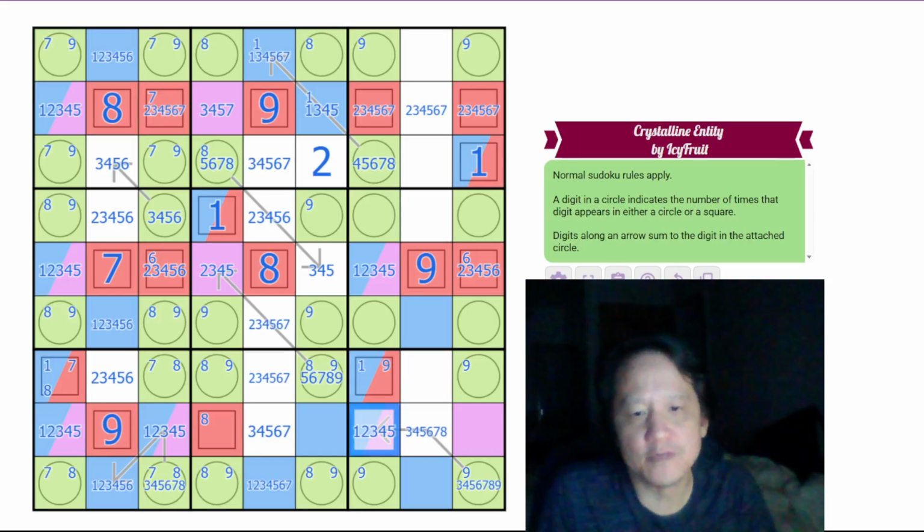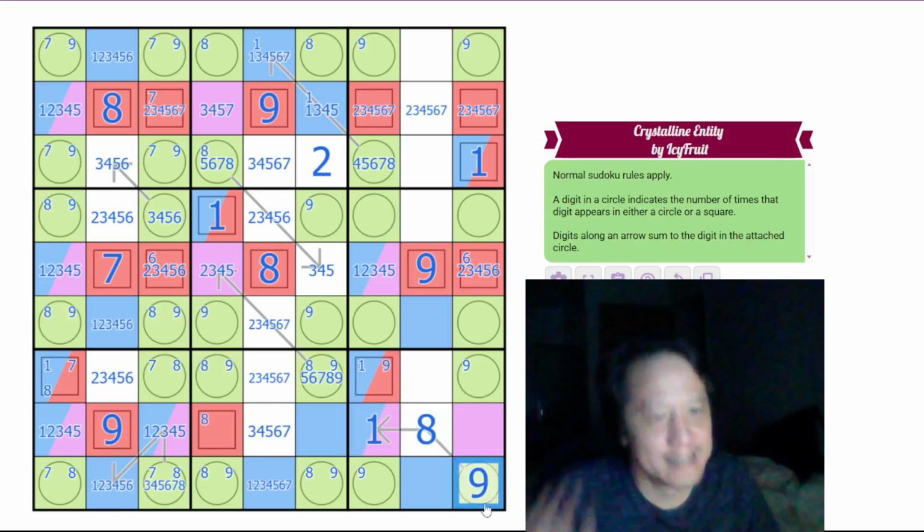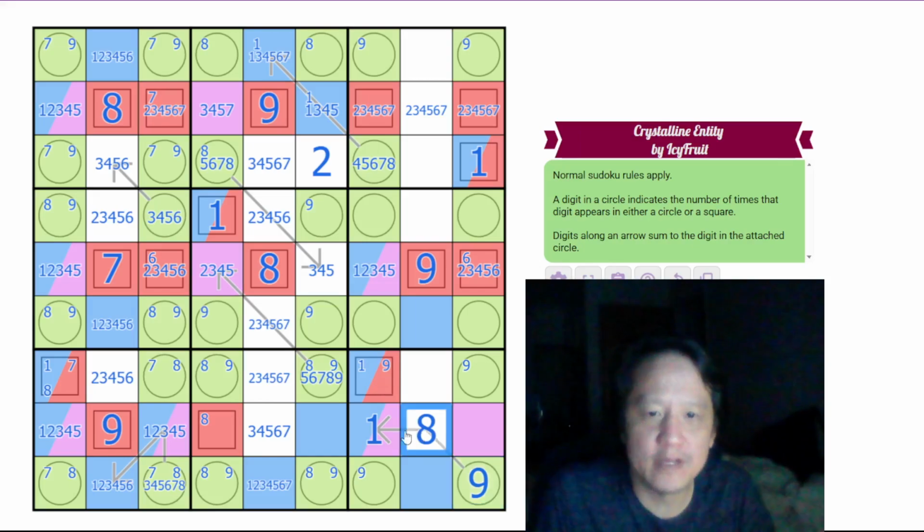What happens if... Okay, so let's say this is 8 and 1. Let's go back to that, right? If this is 8 and 1, we're assuming this is not 8, right? That means this has to be 8 and 1. This is 9. Obviously, this is not 1, so this has to be a 1 here, which forces 1 to be here.